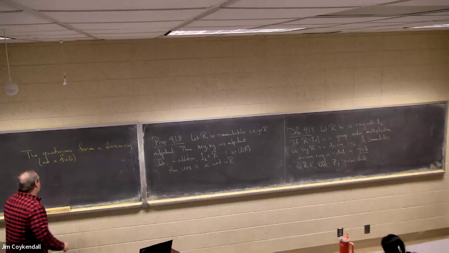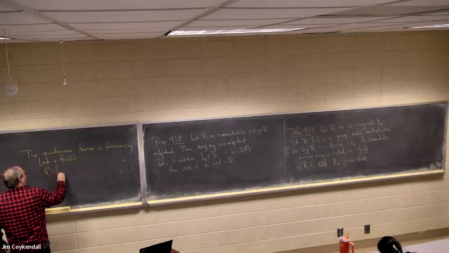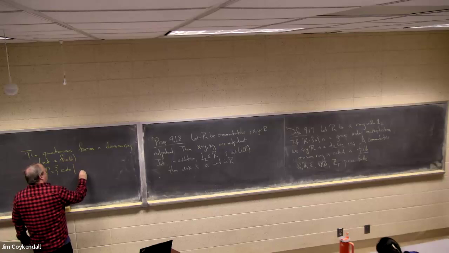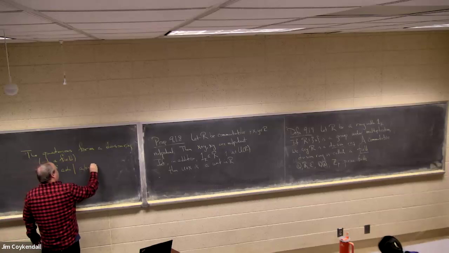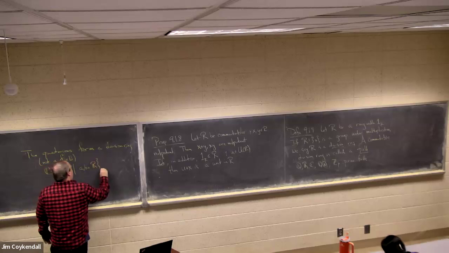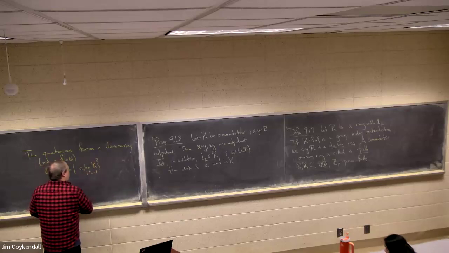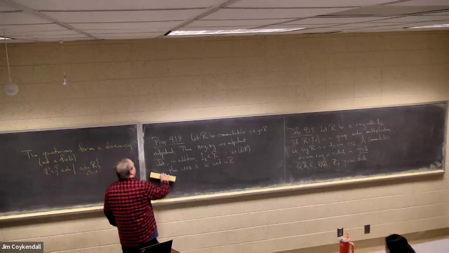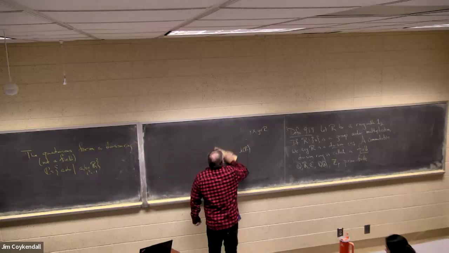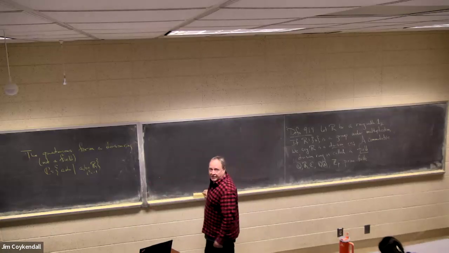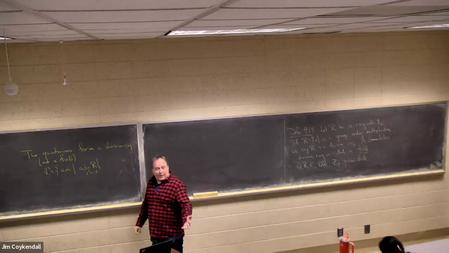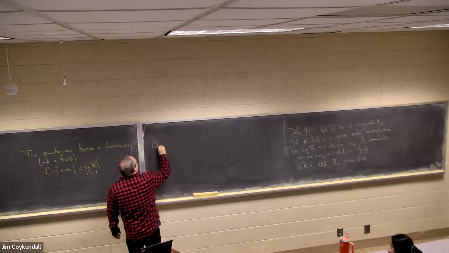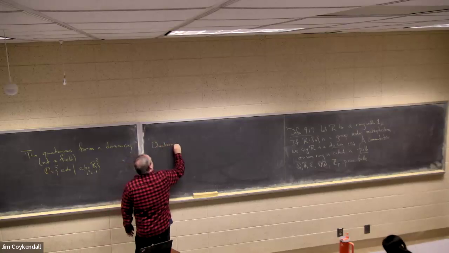So you all know complex numbers, right? I squared is minus 1. So this is an old friend. The quaternions are more ambitious. You ought to play around with this and see if you can sort it out.